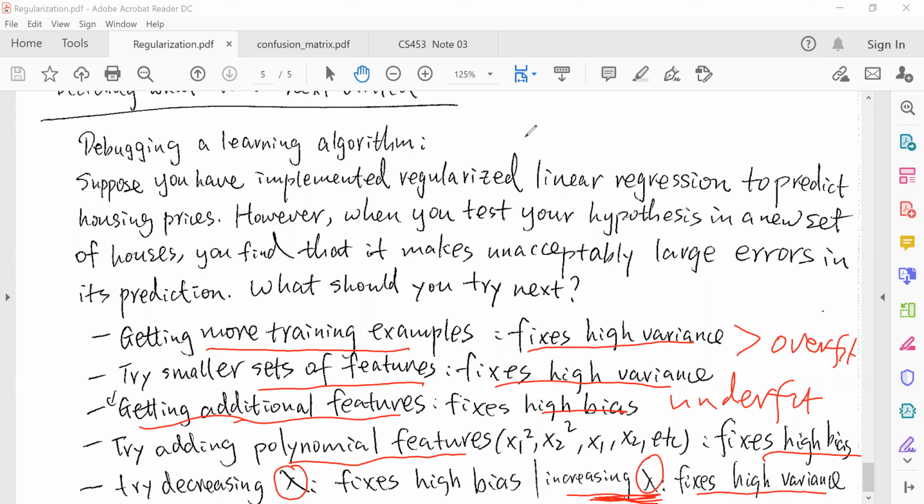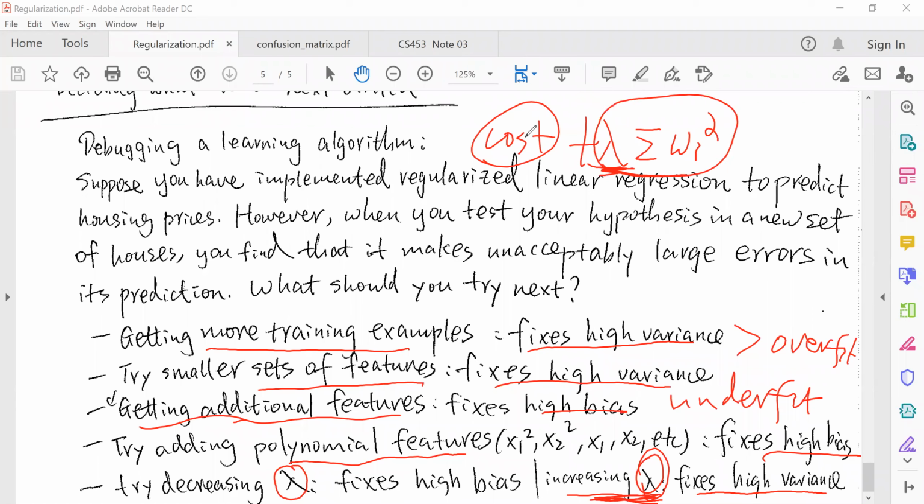Because of the extra term in the cost function. If you increase lambda, this term will definitely take more role in your overall cost calculation. So it decreases the role of the weights. That's why it can fix high variance.